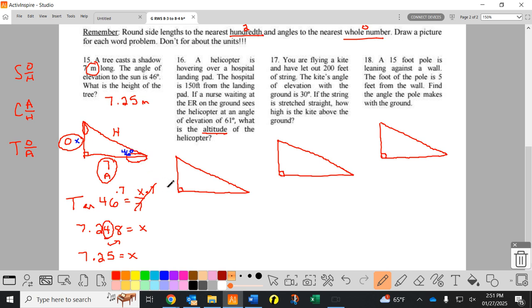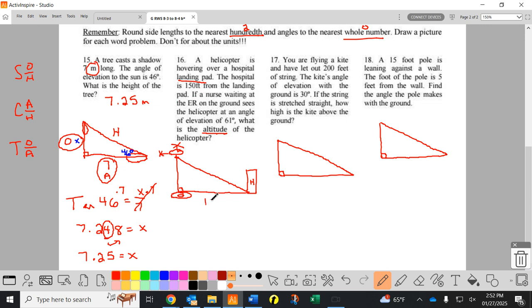So let's break that down. We have this little helipad out here, those little circles that they land on, and a helicopter floating up here in the air. It says this hospital right here is 150 feet from that landing pad.